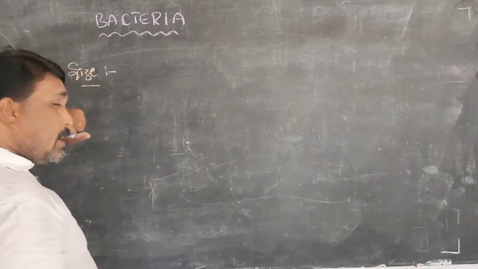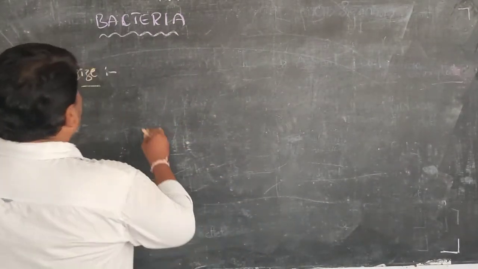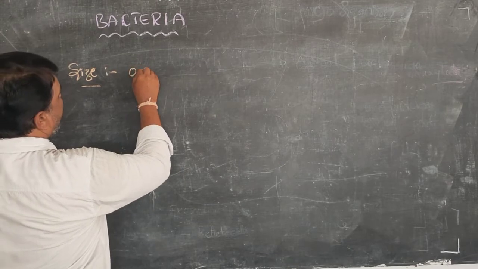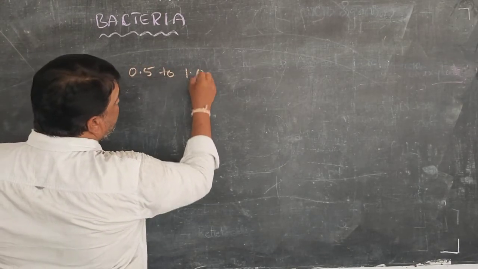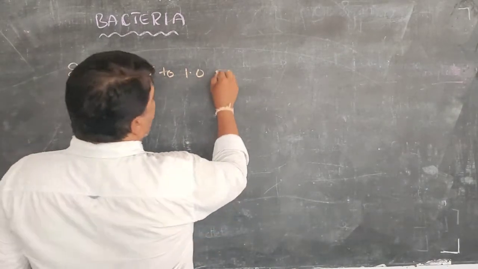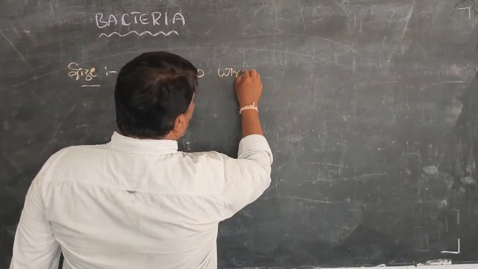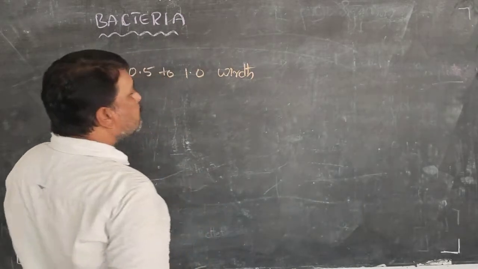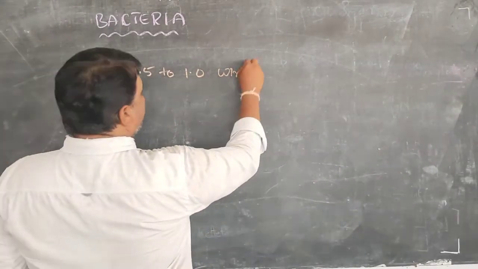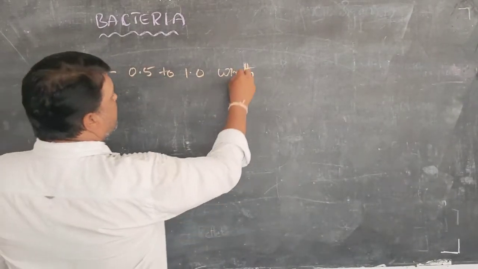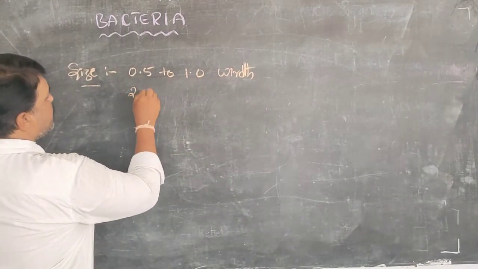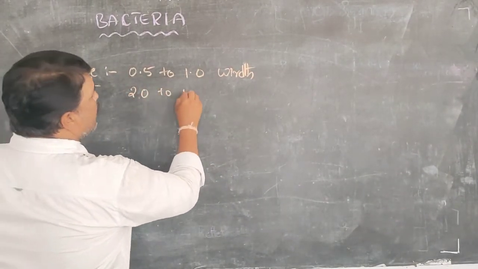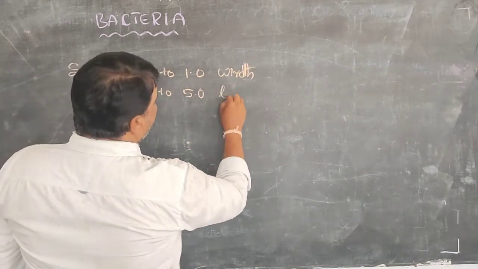So, the size of bacteria is 0.5 to 1.0 micrometer in width and 2.0 to 5.0 micrometers in length.